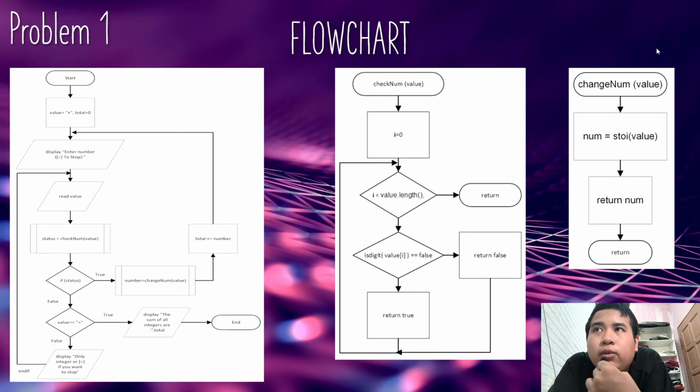As you can see, we start with declaring the value and total, display enter number, read value, then use a module design to put the module status equal to change num value.